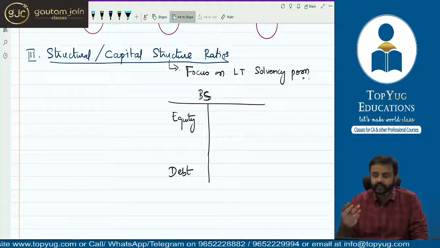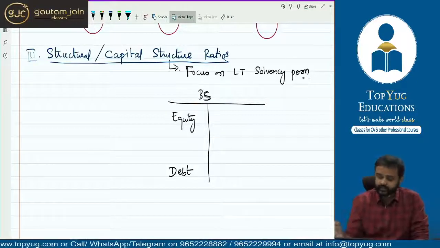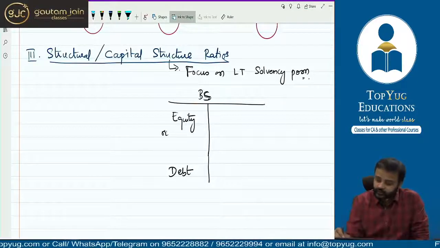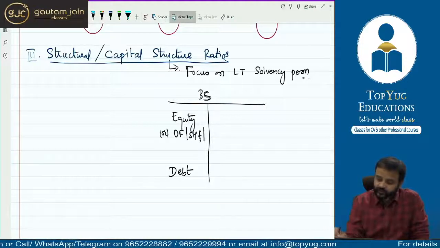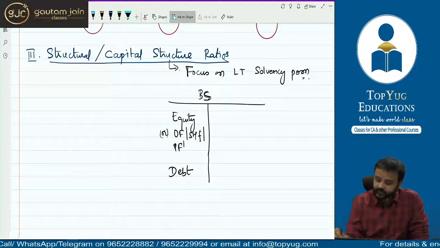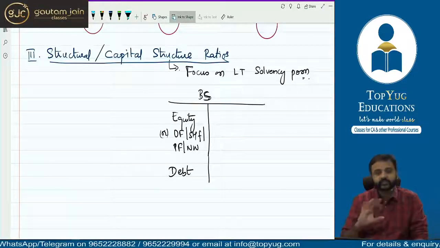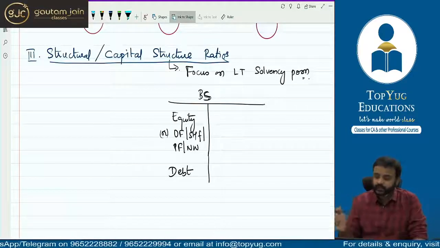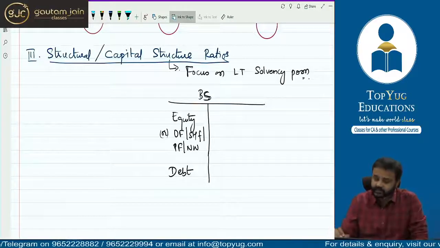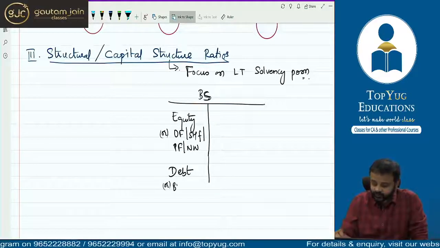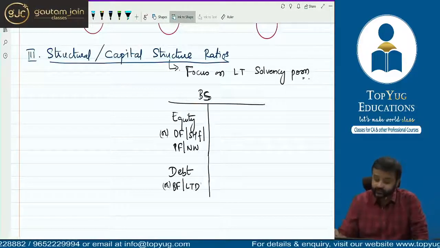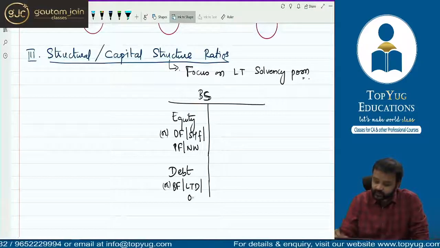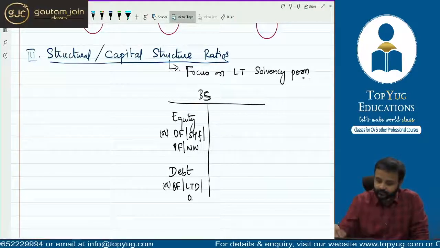All these are the names for equity only, one and the same. Then the second item is debt, which is nothing but borrowed funds, long-term debt, or outsiders funds.